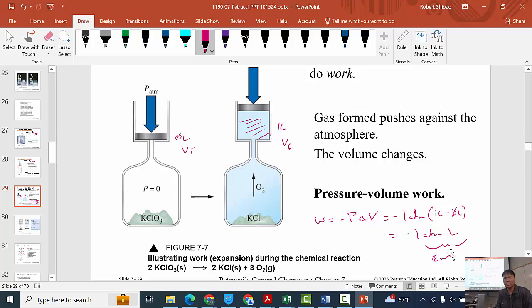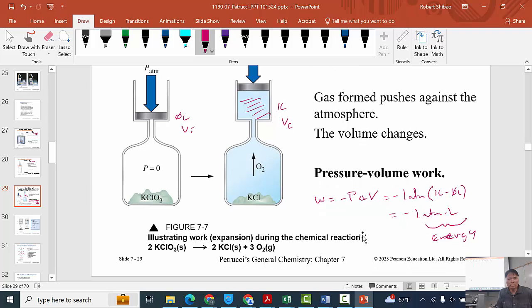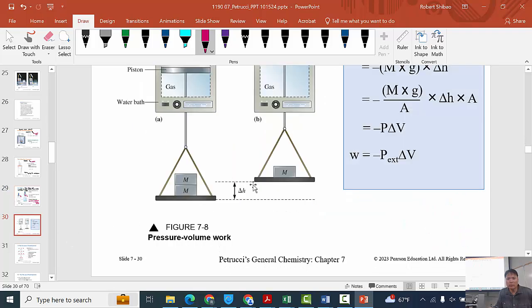Okay, we're going to resume here with this. These are kind of weird units, but a liter atmosphere is the same thing as energy here. And so we want to be able to convert that into joules.